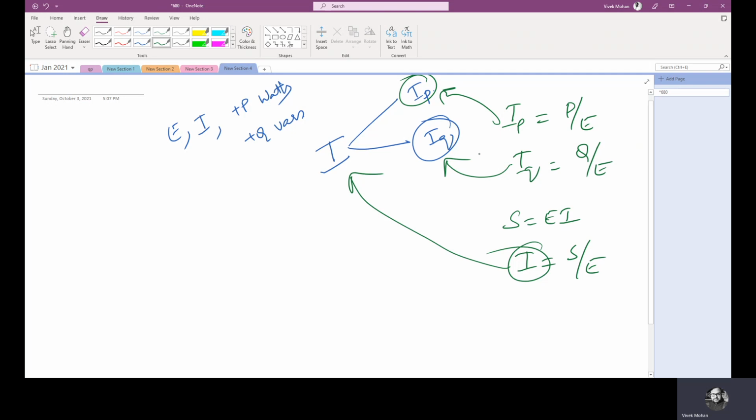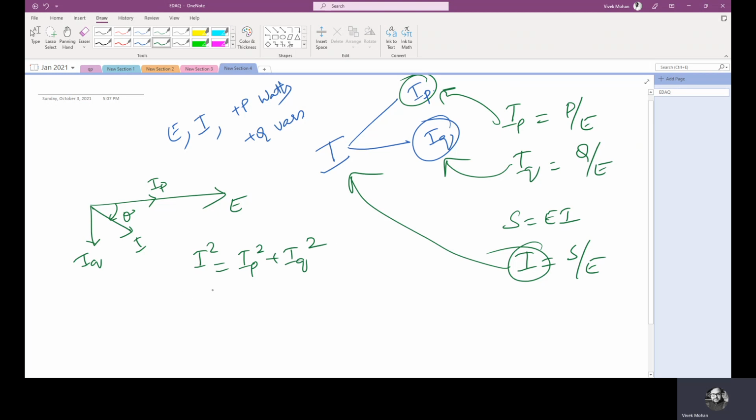Okay, now in this case again we'll just draw the phasor diagram to explain in a better way. So this is IP, this is IQ, this is the resultant I, this is theta, right? So I squared equals IP squared plus IQ squared.